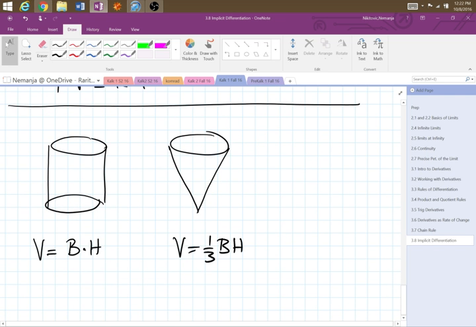So now, to derive the formula, base is pi r squared times the height, which is just h, and you're done. The other one is 1/3 base, which is again a circle, so pi r squared, and again times the height. Awesome. The two formulas differ only by 1/3, right?